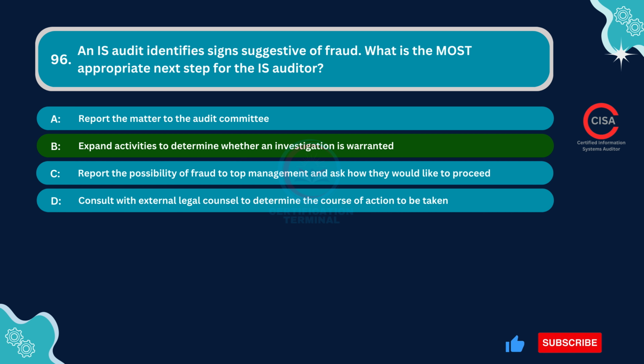Expanding the audit scope allows the auditor to gather additional information and confirm or dispel the initial concerns. The IS auditor should notify the appropriate authorities within the organization only if it has determined that the indicators of fraud are sufficient to recommend an investigation. Normally, the IS auditor does not have authority to consult with external legal counsel.